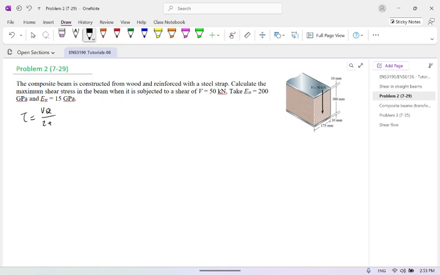Everyone clear? This is very important to realize. So we need that knowledge to work it out. Hopefully you can get an idea: transform it into a single material beam, easy for you.